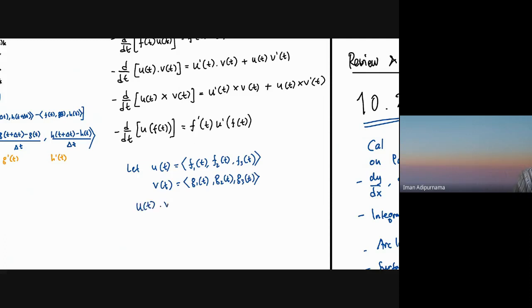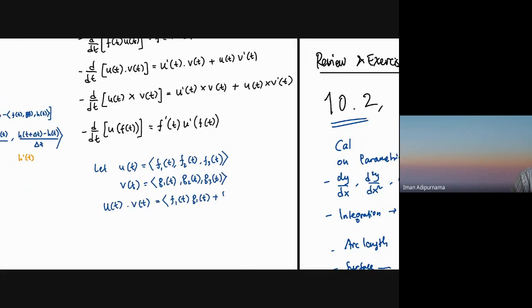If we dot these two, we will have f1 g1 plus f2 g2 plus f3 g3.